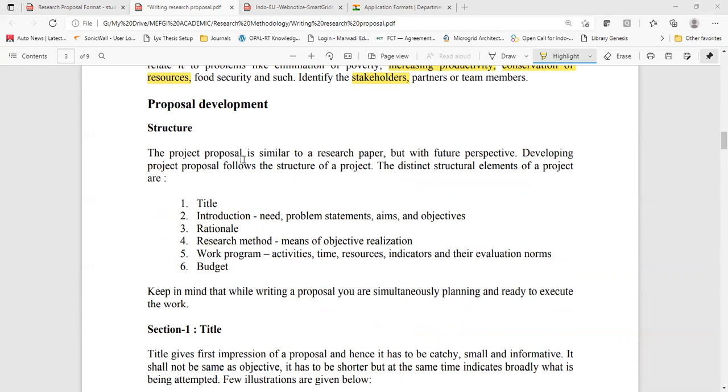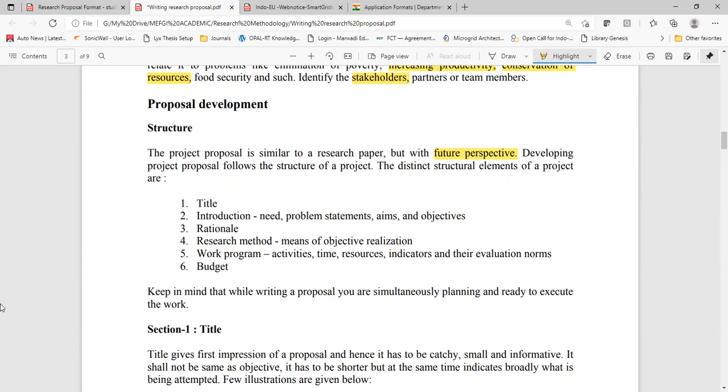A project proposal is similar to a research paper, but with a future perspective. So it is written exactly like a research paper. In a research paper, you introduce people to the problem, then you give a kind of rationale. You propose your research method. Okay, then you show them how you have worked. You show them results.